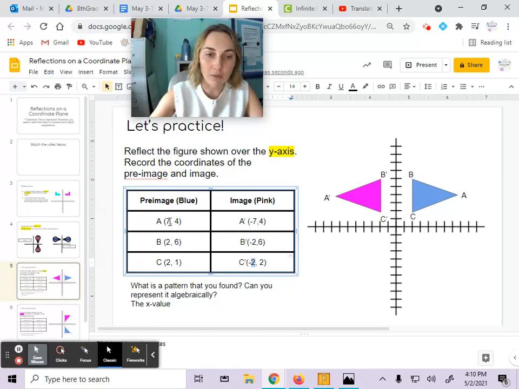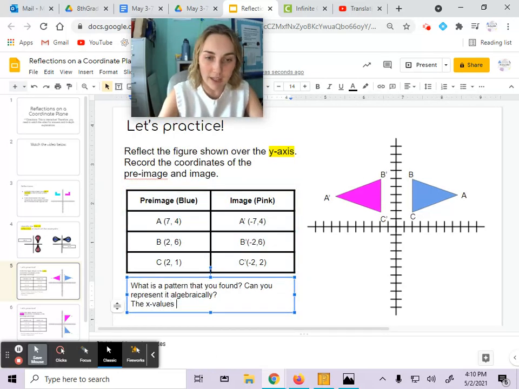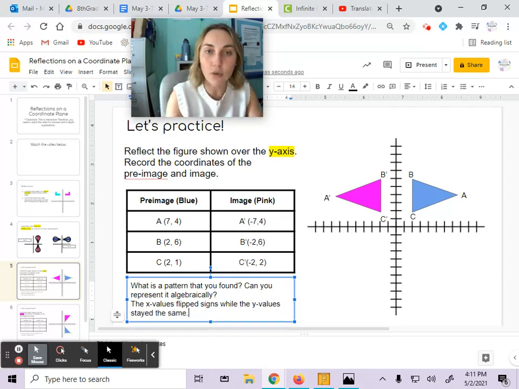Okay, so this went from a +7 to a -7, a +2 to a -2, a +2 to a -2, but our y value stayed the same. So I'm going to write that out real quick. The x values flipped signs, or you can say became the opposite, something like that. Flipped signs, while the y values stayed the same.